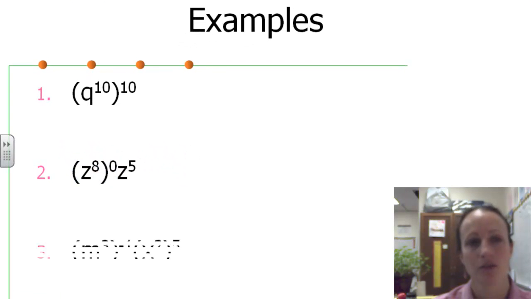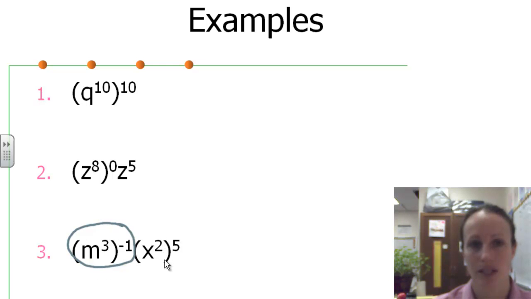Here we've got two different bases raised to powers that are also raised to a second power. So let's deal with this first part. If we just multiply the exponents on m, we have 3 times negative 1, which is, that's right, m to the negative 3rd.